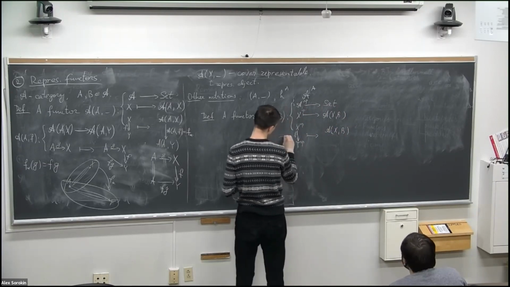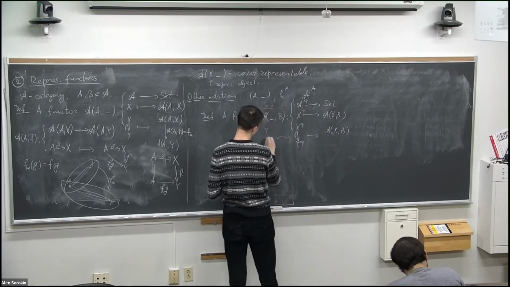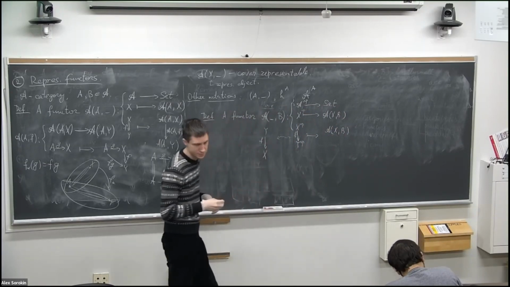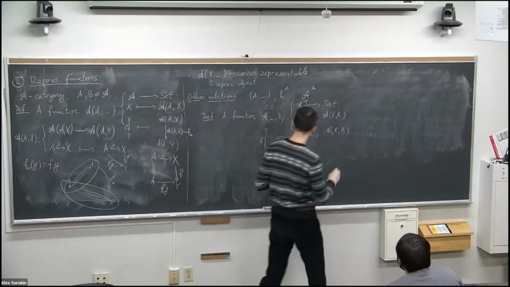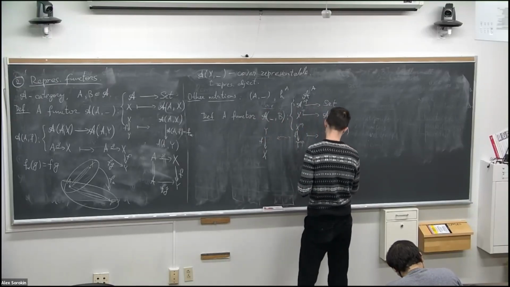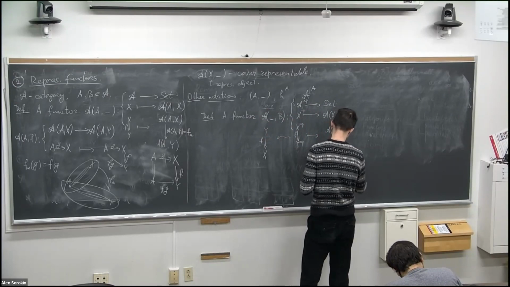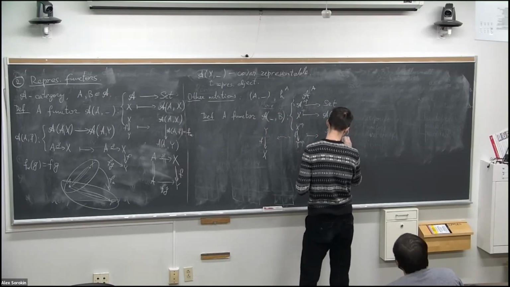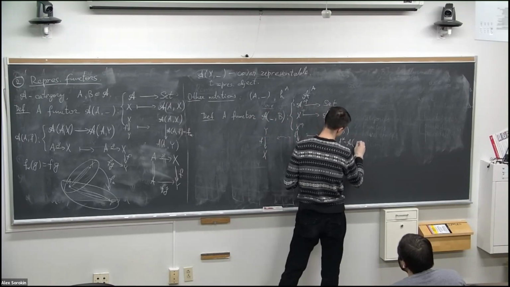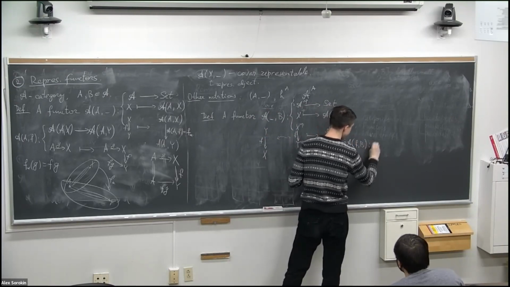So this is the same as arrow F from Y to X. So then we will have from AX. Here will be F upper star, A F comma B. How does it work?